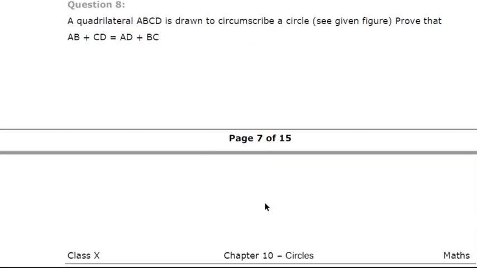Next question number 8. A quadrilateral ABCD is drawn to circumscribe a circle.